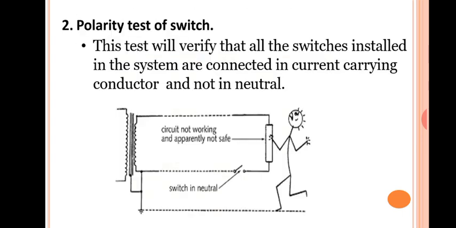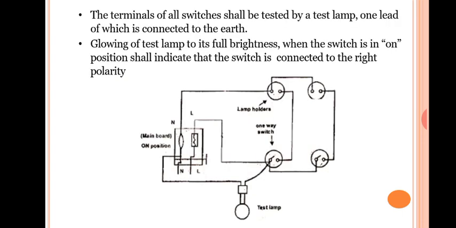The same thing we can see: the terminals of all switches shall be tested by a test lamp, one lead of which is connected to the earth. We put one test lamp, and one edge of the test lamp is connected to the neutral of our main switch, and the other to the phase of the socket of the one-way switch.